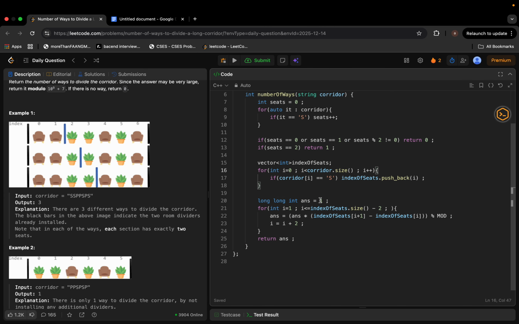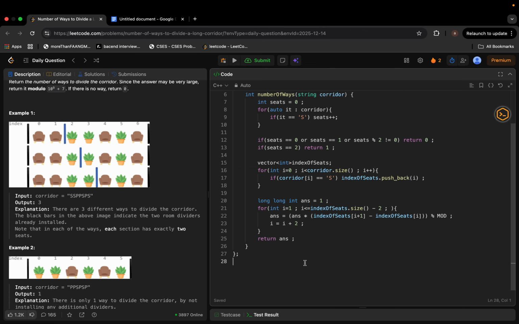Now what I am doing is, I am at the end point of the first pair and checking the starting point of the next pair. So the saved indexes are 0, 1, 4, 6.